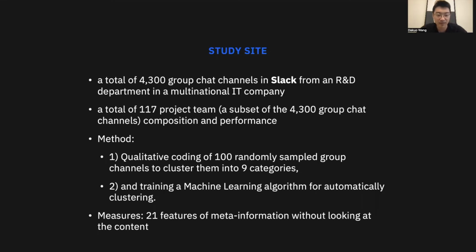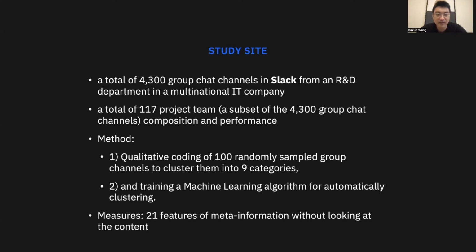Our research method is a mixed method. We first randomly sampled 100 group chat channels and then conducted qualitative coding to understand the context and the user behaviors, and also tried to cluster them into some categories. Eventually, we developed a taxonomy of 9 categories.